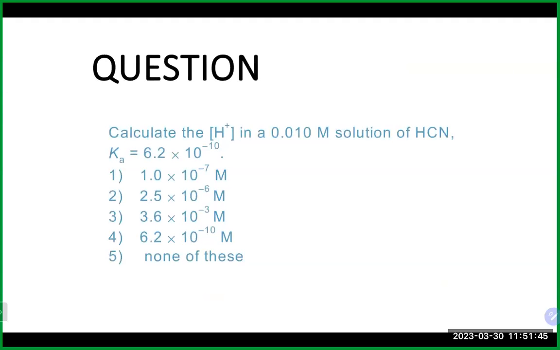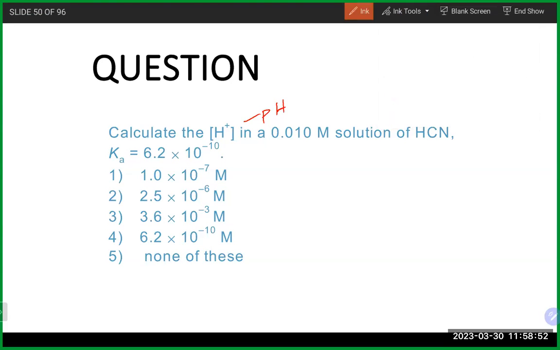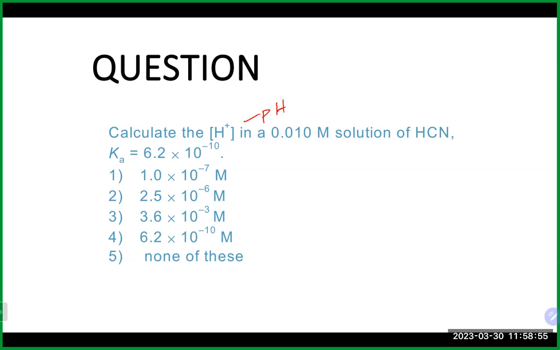All right. So let's try another one here: calculate the H plus, and why don't we add pH to this as well? What is the pH and the H plus concentration of 0.01 molar HCN, Ka value there? I'm assuming one of those answers might be right. Okay, let's take a look and see how you're doing. So once again, we see the Ka value.